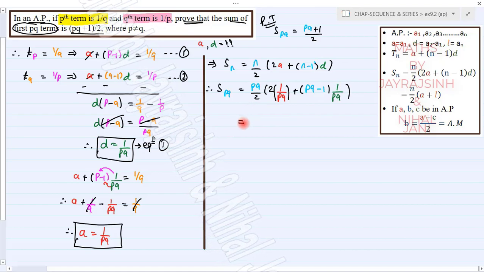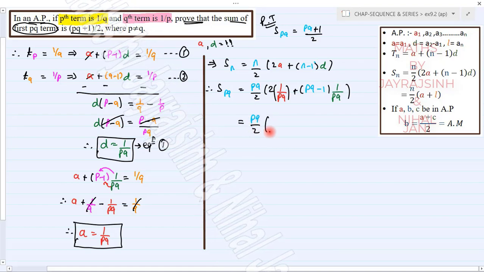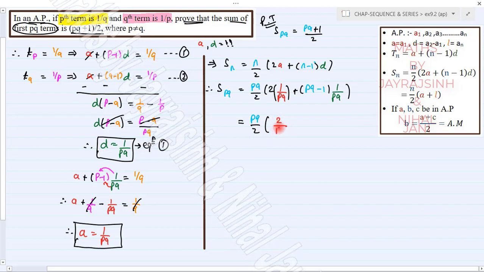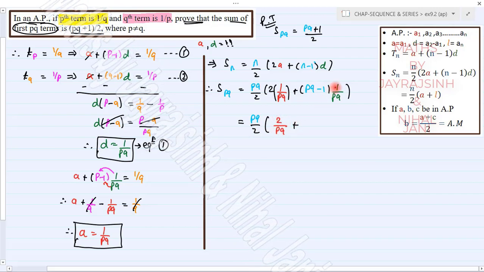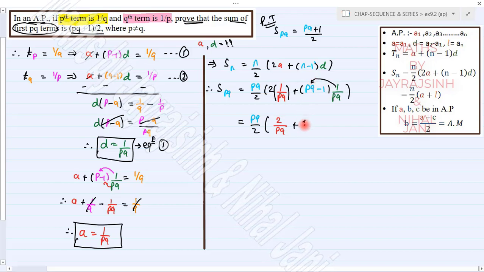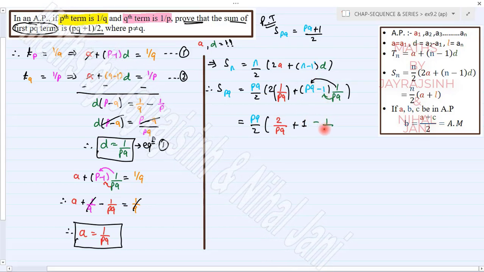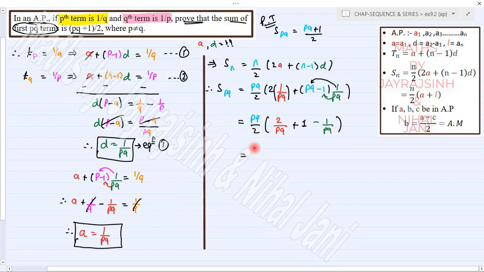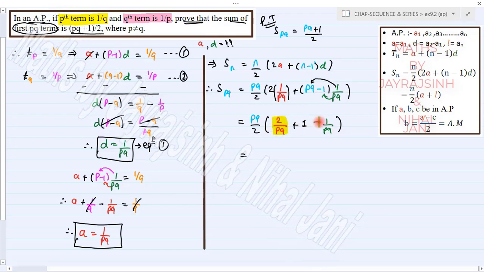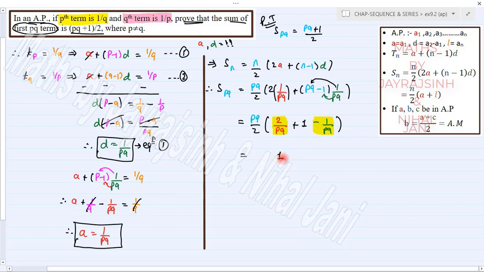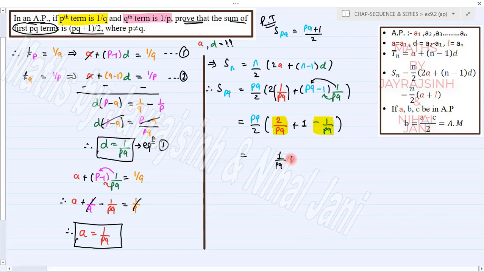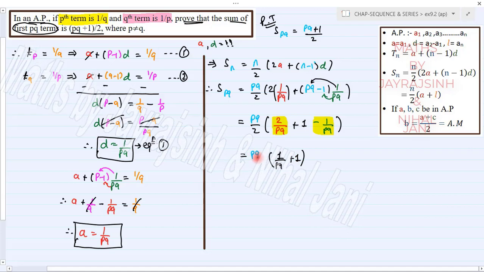Now let's simplify. pq by 2 will be as it is. Here we have 2 times 1 upon pq, then 1 upon pq into pq will be 1, and multiplying with the minus 1 will give us minus 1 upon pq. So 2 upon pq minus 1 upon pq will be 1 upon pq. Rest of the terms will be as it is.